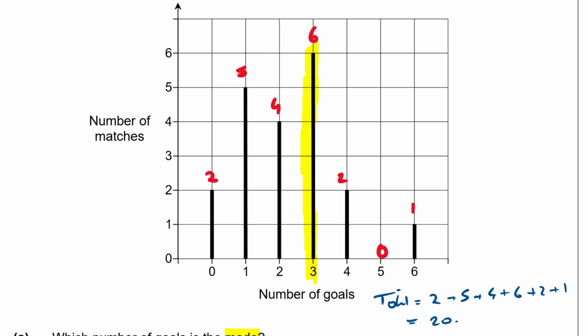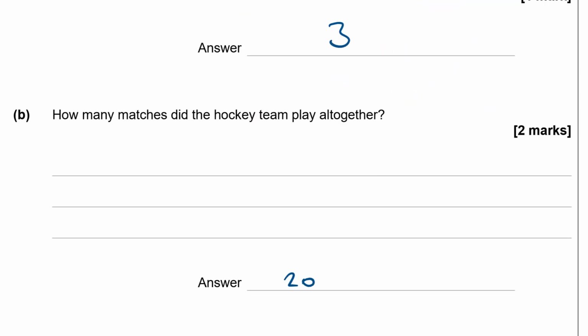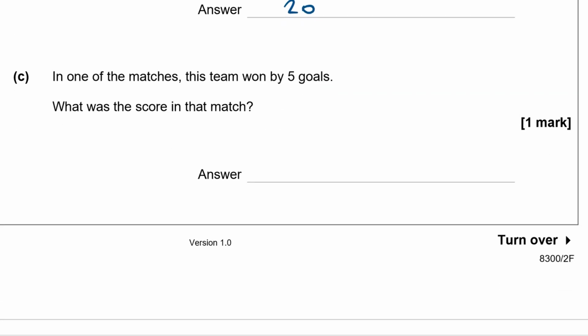The only possibility is if it's this one here on the end. So if 6 goals were scored altogether, which means that the opposition must have scored 1 goal. That's the only possibility. So in one of the matches, this team won by 5 goals. What was the score in that match? It was 6-1.